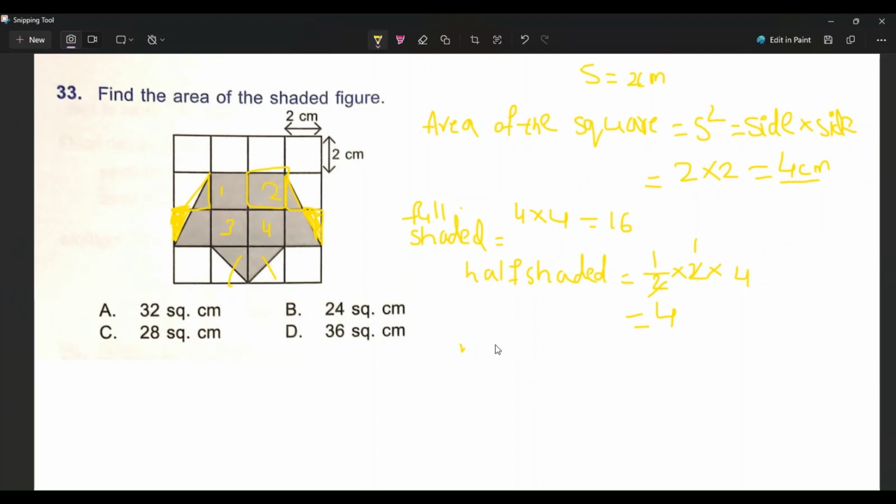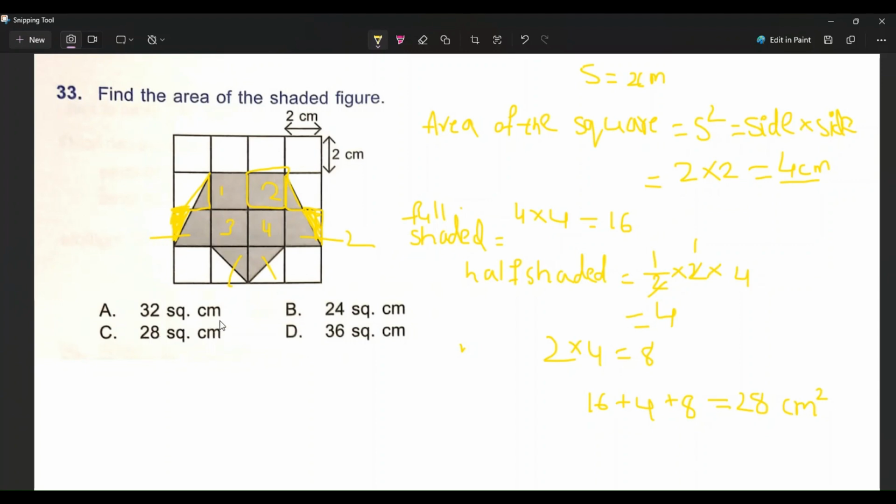So how many full shaded are there now? 1, 2. So 2 into 4 is equal to 8. Right? Now add all these, children. 16 plus 4 plus 8 is equal to 16 plus 4, 20. 20 plus 8 is 28. 28 square centimeter is our answer, children.